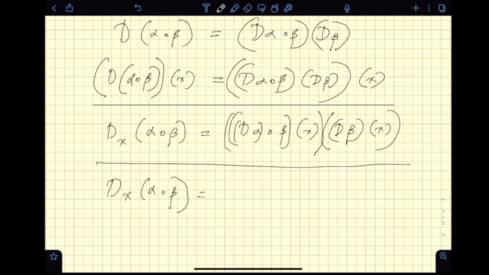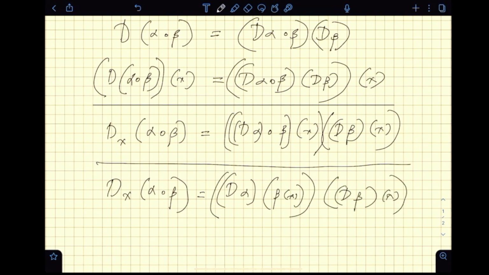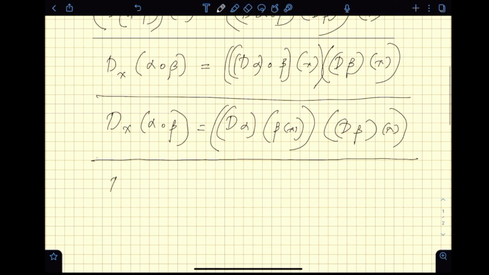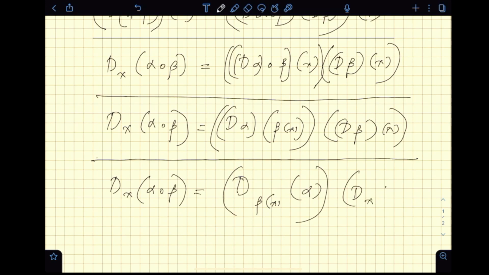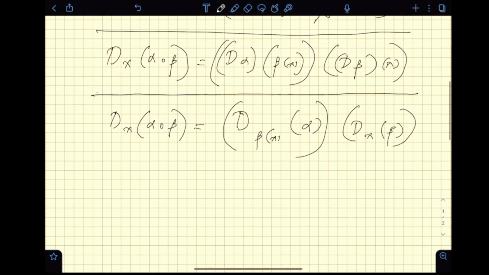This is equal to d alpha of beta of x times d beta of x, which says exactly the same thing as what I wrote down last time. Namely, this is d at the point beta of x of alpha times d at the point x of beta. Okay, so it's the same formula.